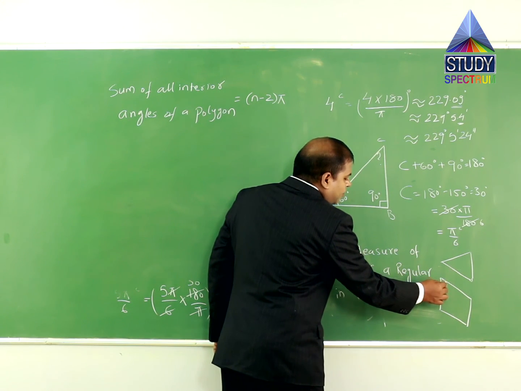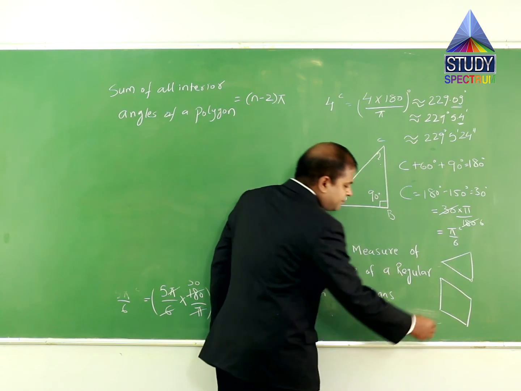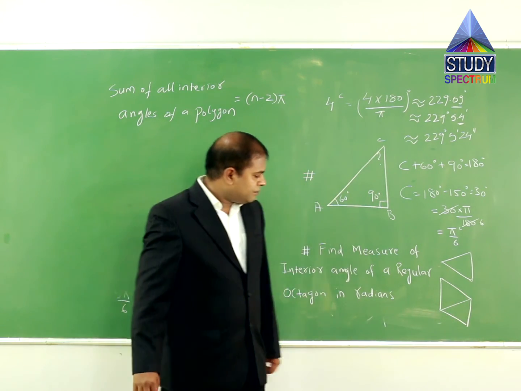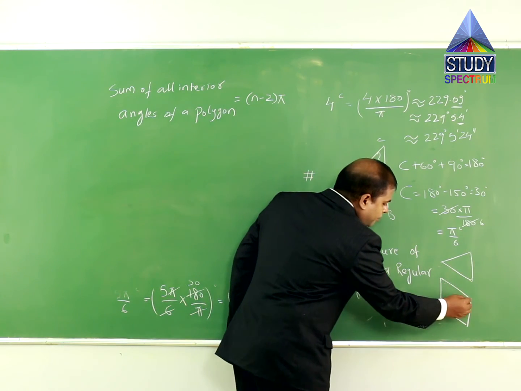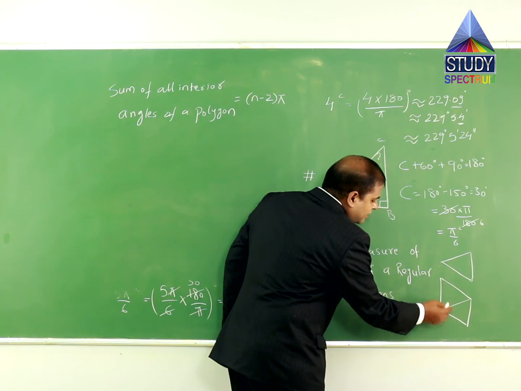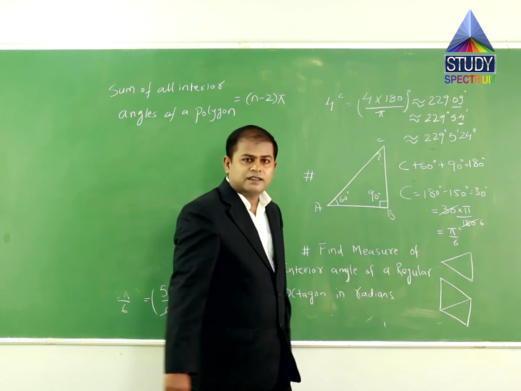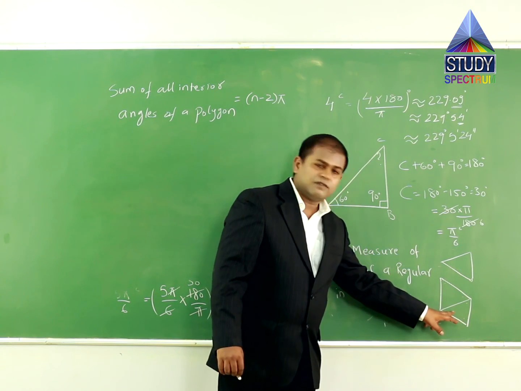Suppose I want to find the sum of the measure of all interior angles of a quadrilateral. What I can do is, I can divide this quadrilateral into 2 triangles. So this plus this plus this plus this is the same as this plus this plus this, this plus this plus this. Right? And the sum of these 3 is 180 degrees, the sum of these 3 is 180 degrees.